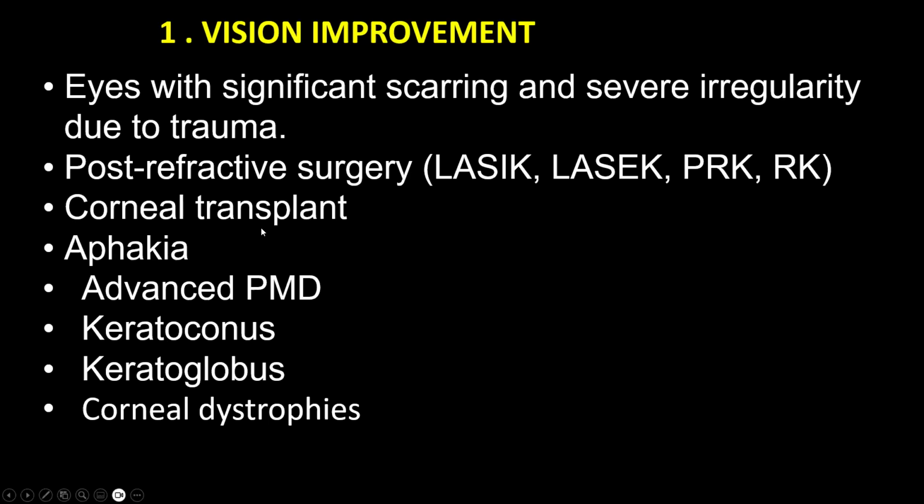In aphakia, the scleral contact lens provides another lens option for you to work on. So advanced cases of pellucid marginal degeneration, keratoconus, keratoglobus. Remember, you have a difference between both of them. In the case of keratoconus, it is localized and usually at the center, as opposed to keratoglobus, where the entire cornea is thinned and tends to bulge. You have the corneal dystrophies, where the cornea begins to lose its tensile strength and begins to wear out.